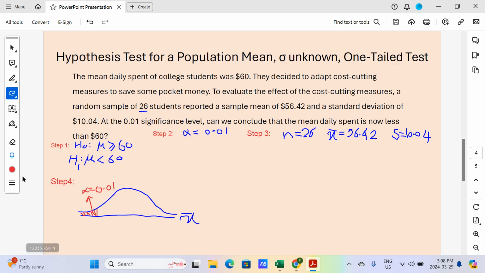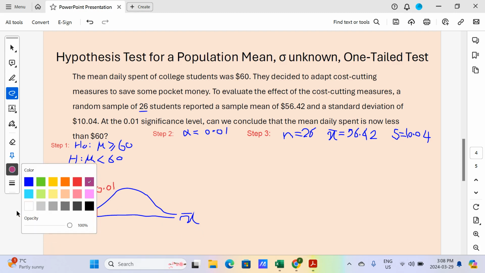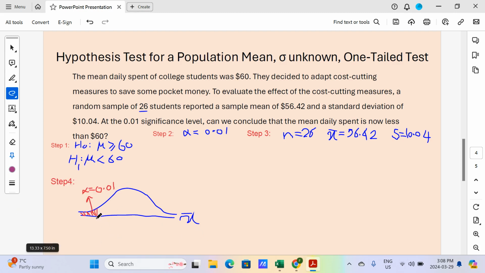Now to identify the rejection region clearly, I need this cutoff point. This cutoff point shows which part is not the rejection region and which part under the curve is the rejection region. Look at here, on the left side of this cutoff point, I have the rejection region.